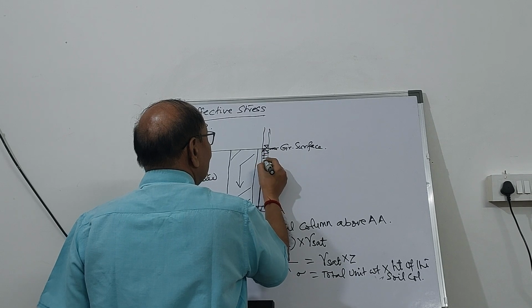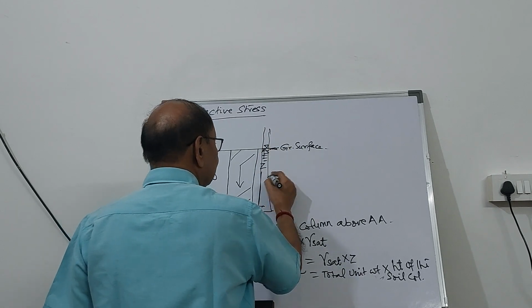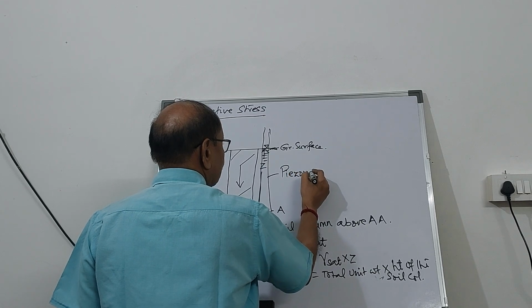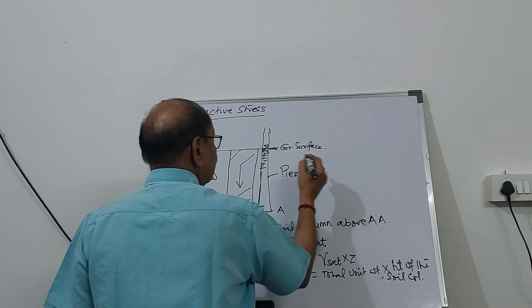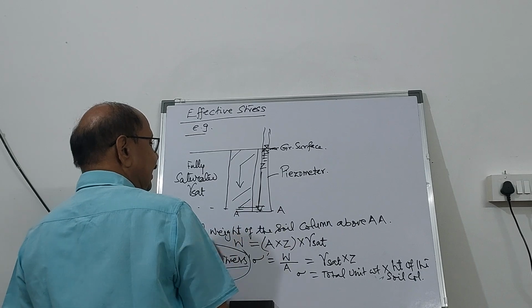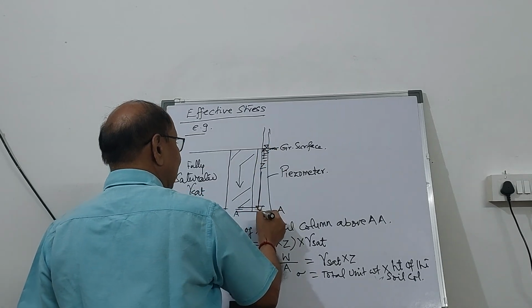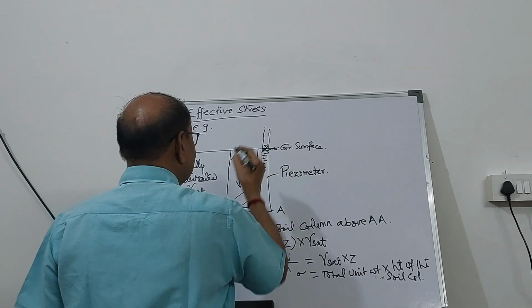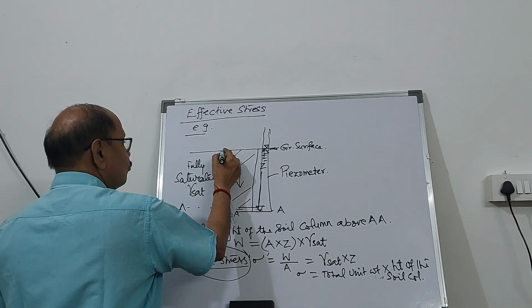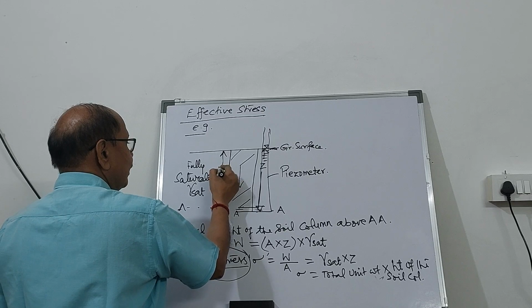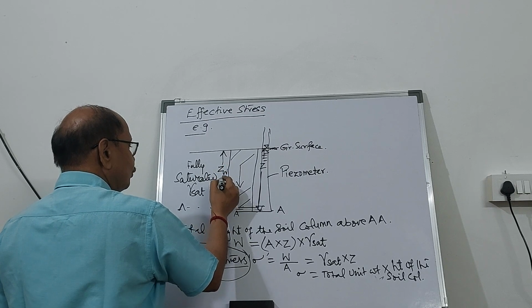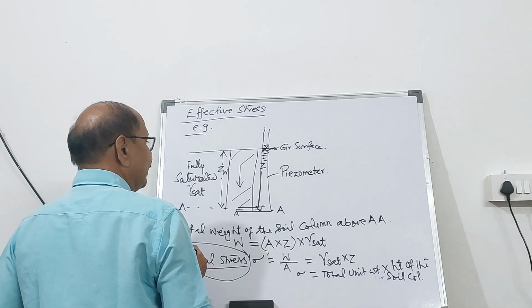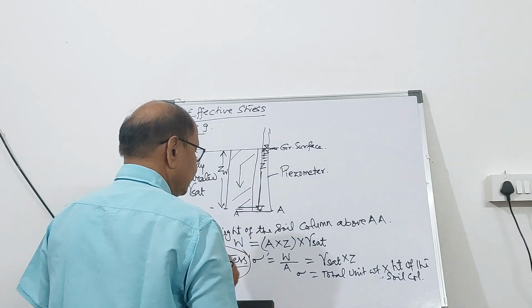So this is the water level in the piezometric tube. This ground surface is going to be the height of water above point A, which is equal to Z.